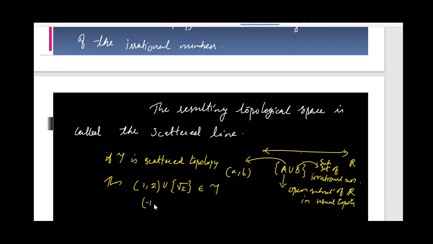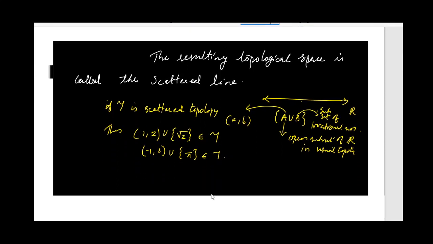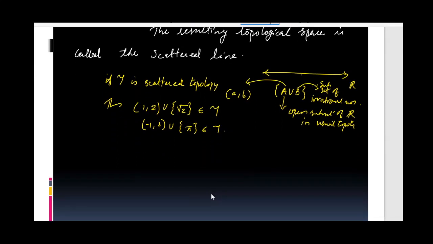Similarly, you can have (-1, 3) union pi, which is another member. So these are the members of the scattered topology, and the resulting topological space, R with the scattered topology, is called the scattered line.